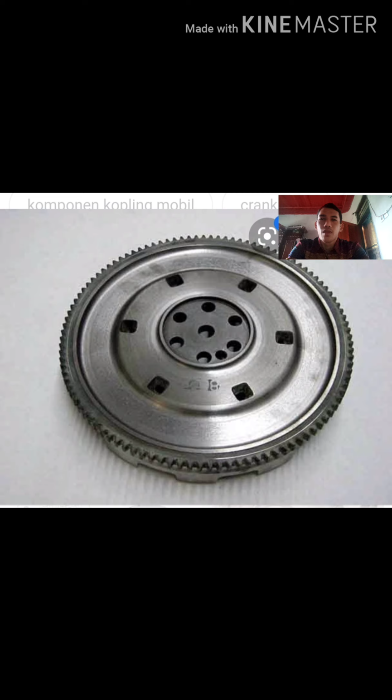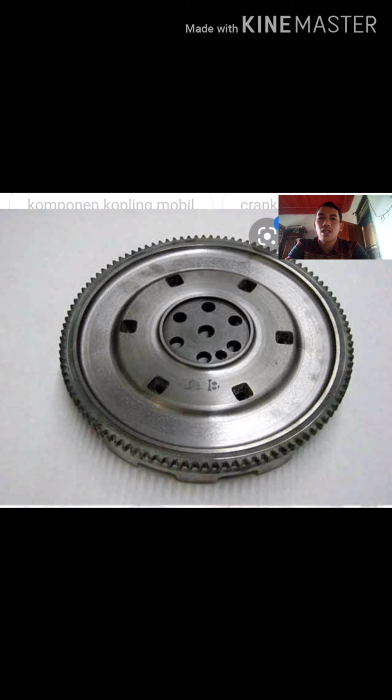Number 9. Flywheel. The flywheel is a wheel that is used to dampen change in rotation speed by utilizing rotation inertia, moment of inertia.